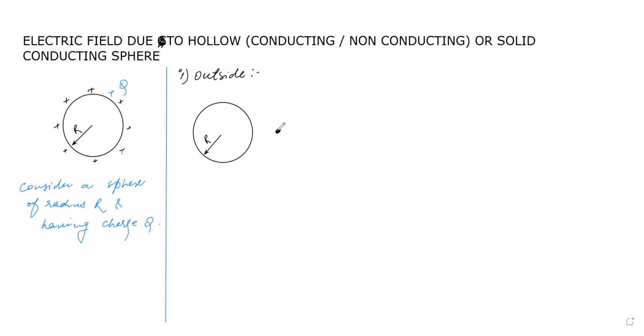To calculate electric field at this point P, first of all, we should draw a Gaussian surface which is passing through this point.